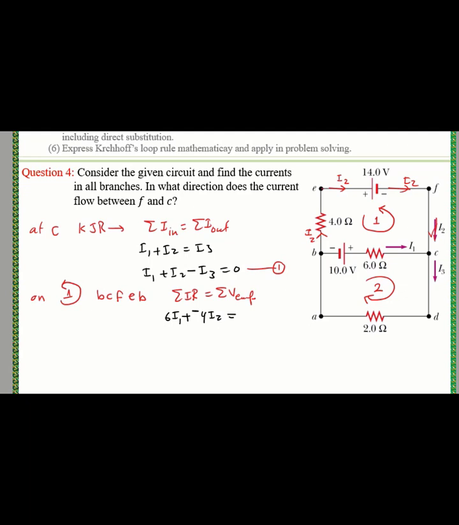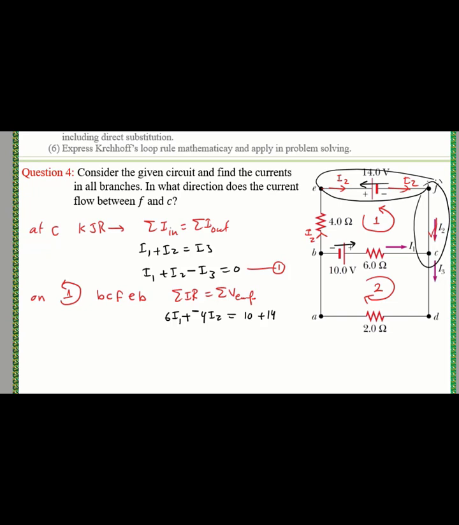Now let us find the batteries in my way. From B to C, I have one battery, in the same direction that I am following, so it is 10 with a positive, plus. From C to F, there is no battery, but from F to E, I have a battery in the same direction that I'm following, so it is 14.